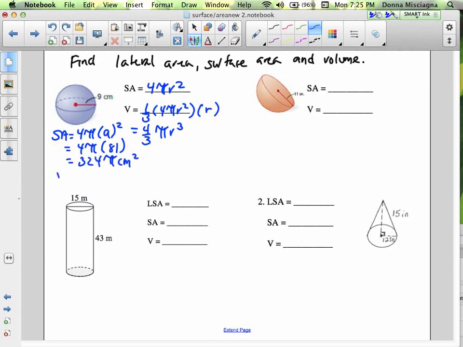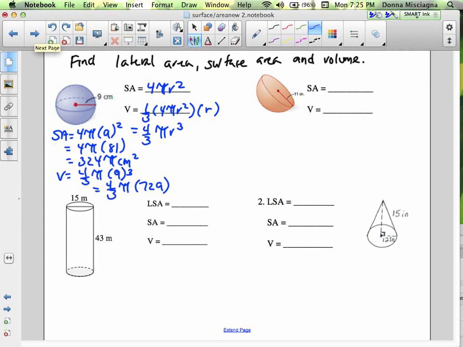For the volume, that'll be 4/3 times pi times 9 cubed. So 9 cubed is 729. 729 is divisible by 3 because 9 was divisible by 3. Matter of fact, it's nothing but 3's, right? 6 3's to be precise.